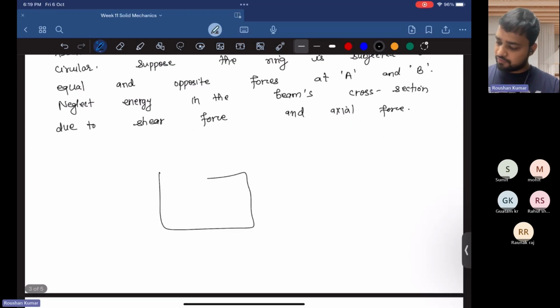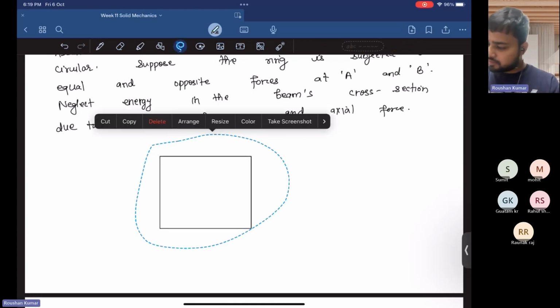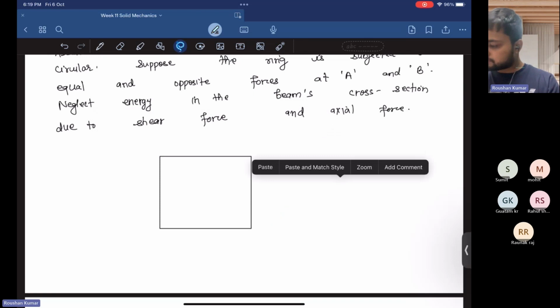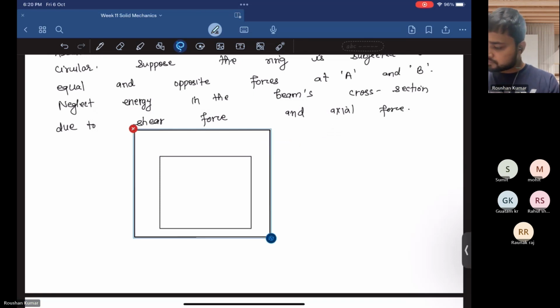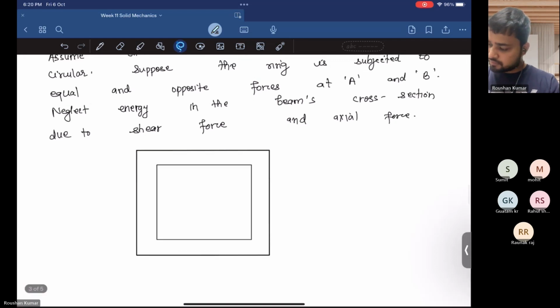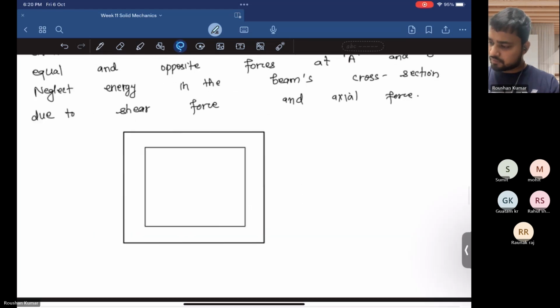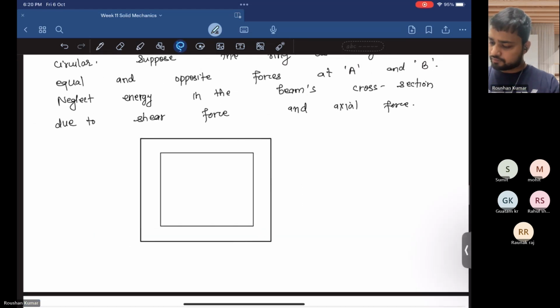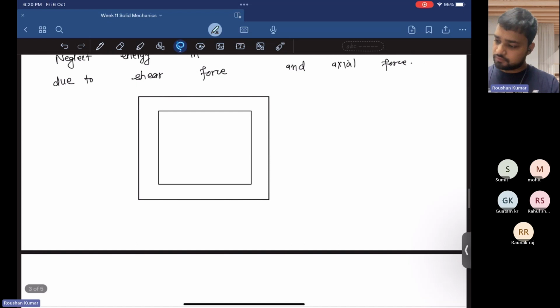So here we have the figure. A force is applied.